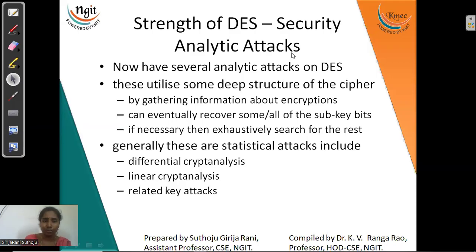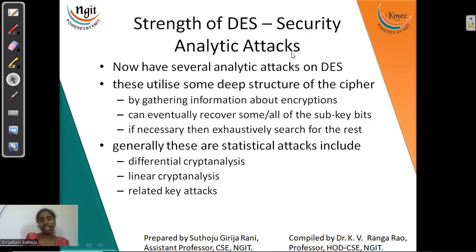Differential attacks are performed on the statistical analysis of your plain text, ciphertext, and all the known combinations. Linear cryptanalysis is a series of attack combinations. First they try to understand the plain text series, then the key analysis, then the ciphertext analysis. So this is a step-by-step analysis.